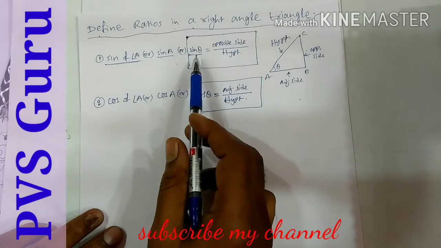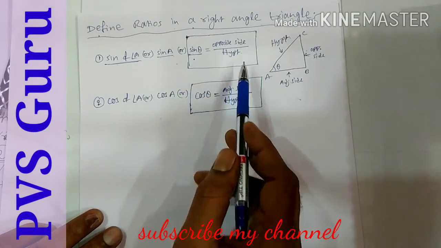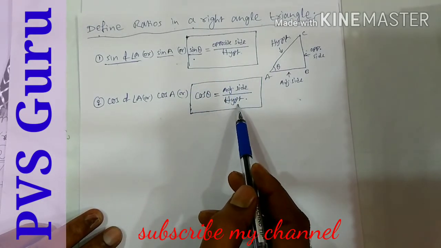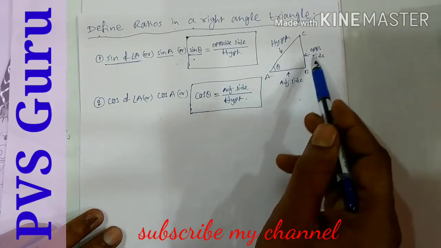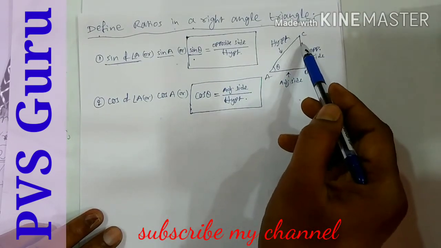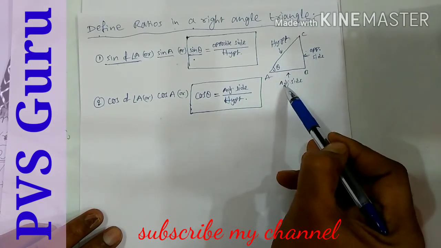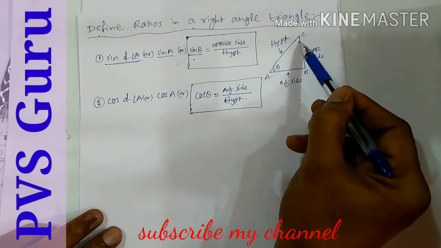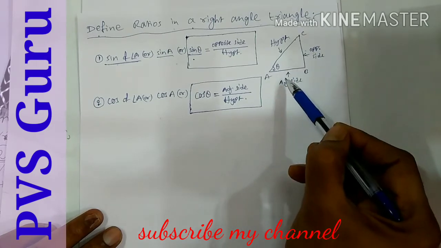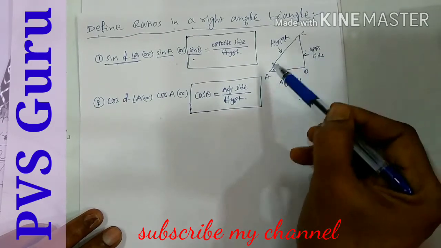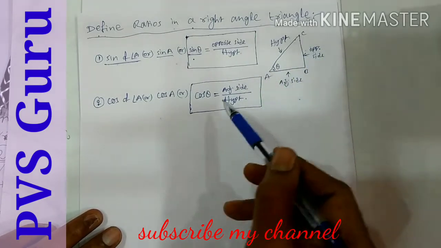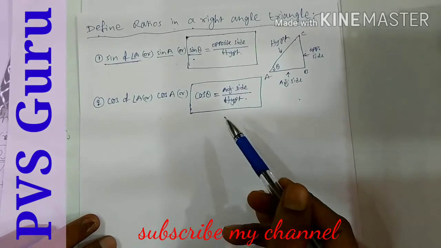Always remember opposite side by hypotenuse, adjacent side by hypotenuse, because the opposite and adjacent sides change with the angle. Suppose the angle is at A, this is opposite, this is adjacent. Suppose the angle is at C, now this opposite side will come here, adjacent side here. So the labels may change, but the names should not change.